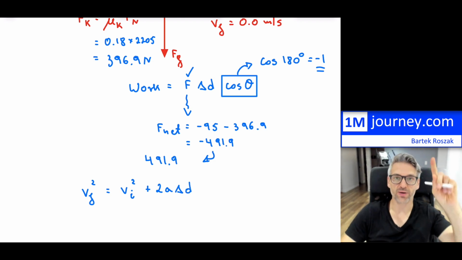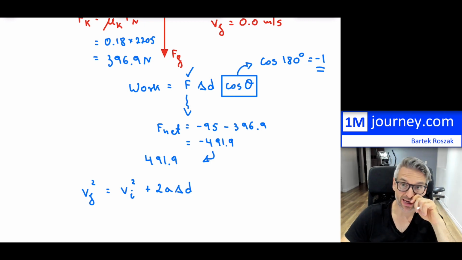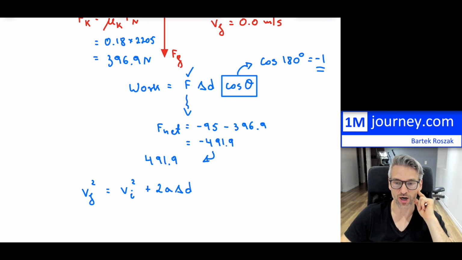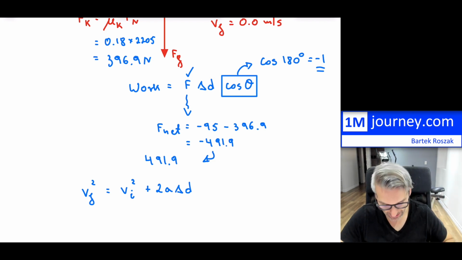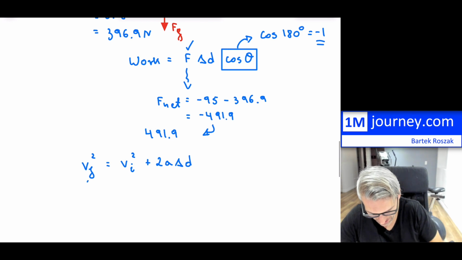Now, I'm going to put up a link above to the kinematic equations, the motion equations that you have, and that's certainly one of them that you can use. It's not a common one, but it's a useful one in here. The reason is because this is 0, that's my V final.